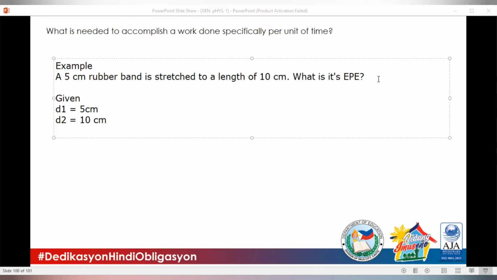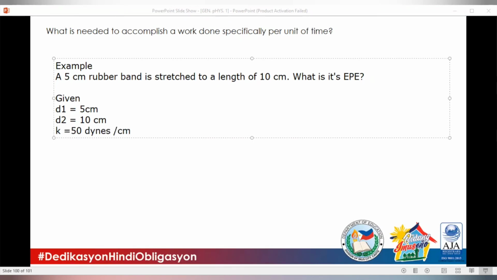And you have your K. What is K? K is the elastic constant of every material. In this case, our elastic constant is of rubber. Elastic constant of rubber is 50 dynes per cm.